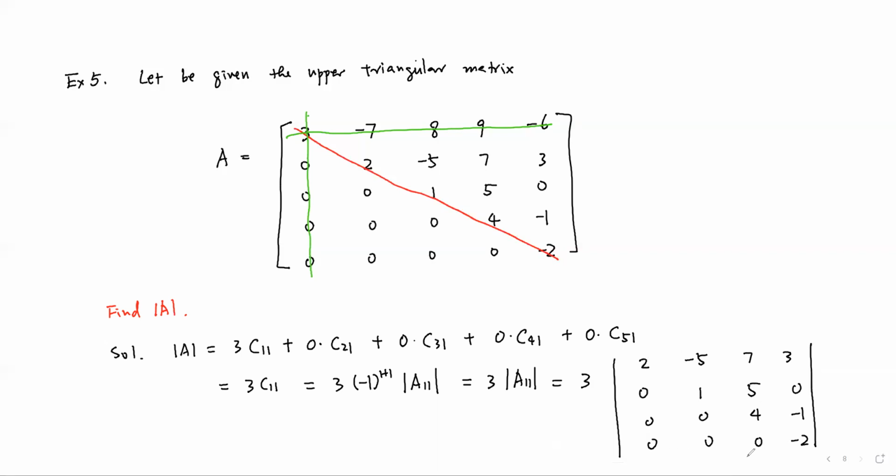Again, this matrix is an upper triangular matrix. How to compute this determinant? Expand it down the first column again. Let me write the solution here.